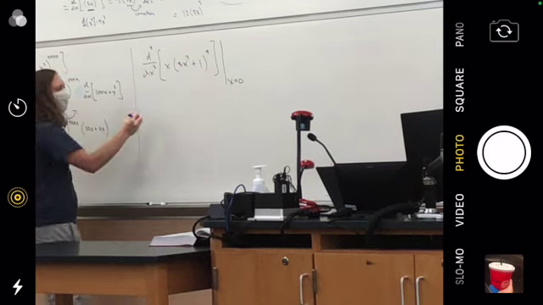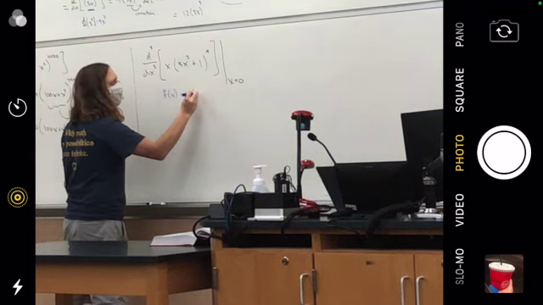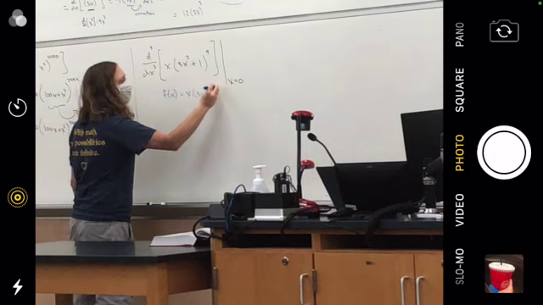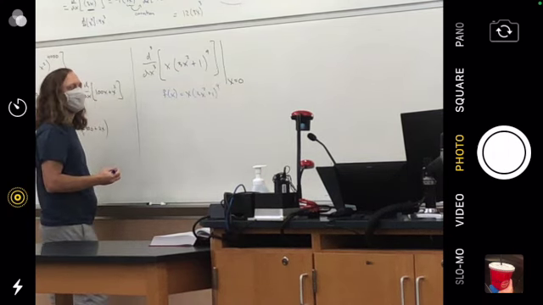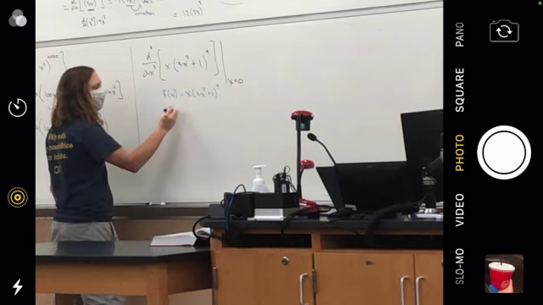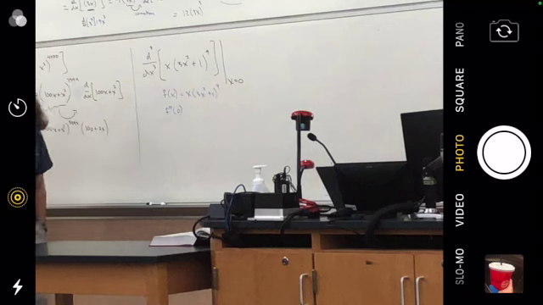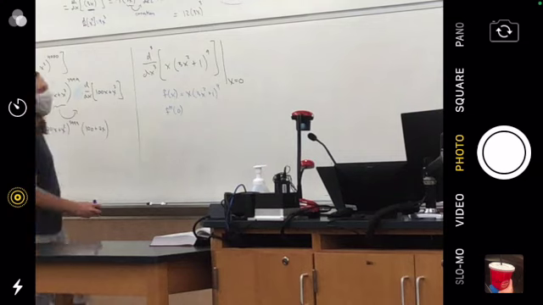I could say f of x is x times (3x squared plus 1) to the 9th. And then what this problem is actually asking is find the third derivative and plug in the number 0. d cubed dx cubed means find the third derivative. The vertical bar x equals 0 says plug in 0.